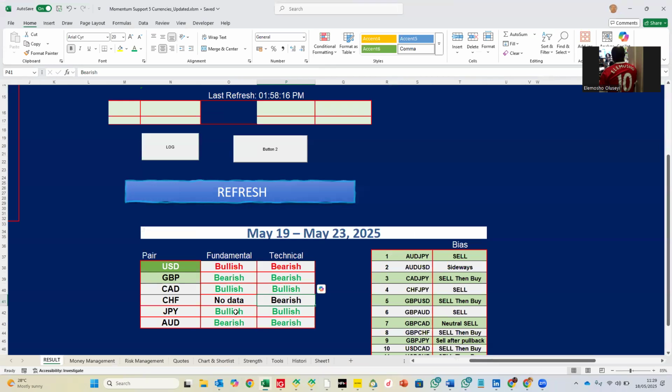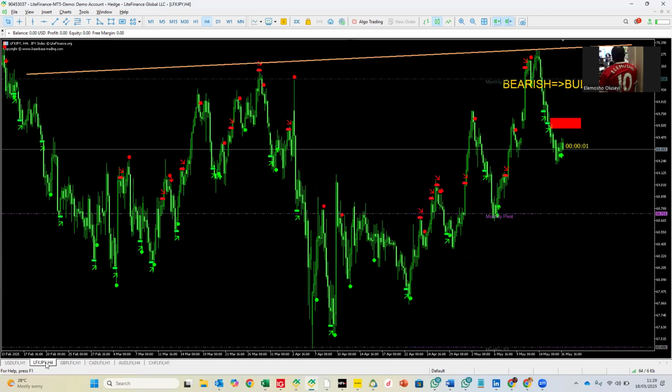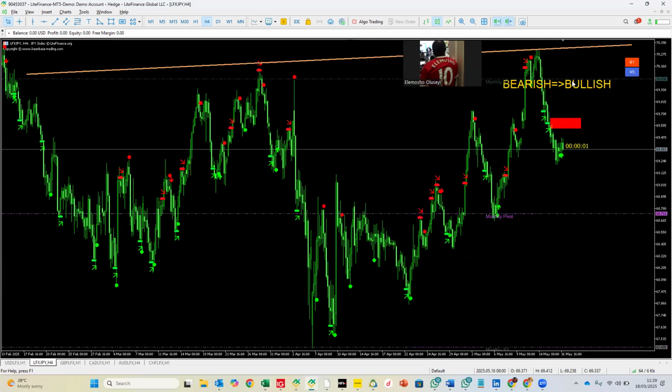And then for the yen, it's looking bullish, both fundamentally and technically. If we go to the setup for the yen, as I told you, this chart is inversely structured. So when price is going down, it means it is strong. When it is going up, it means it is weak.